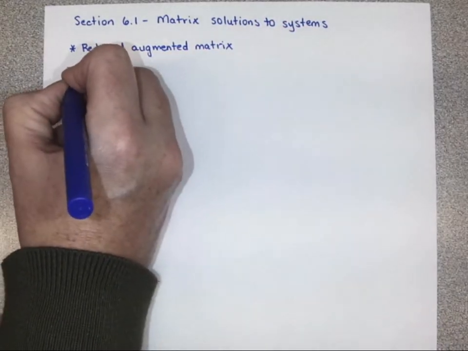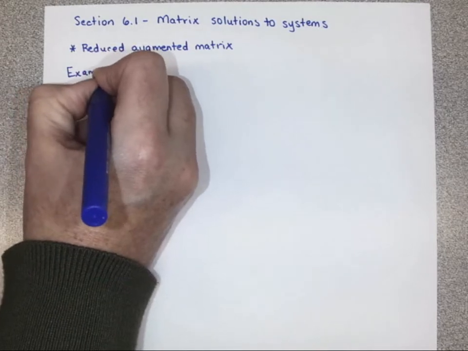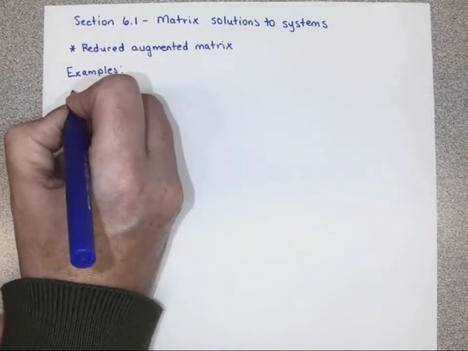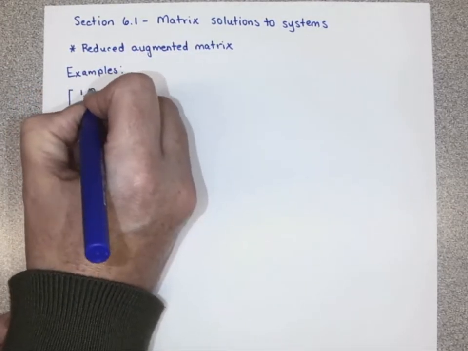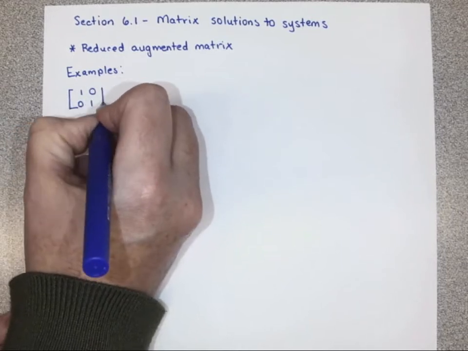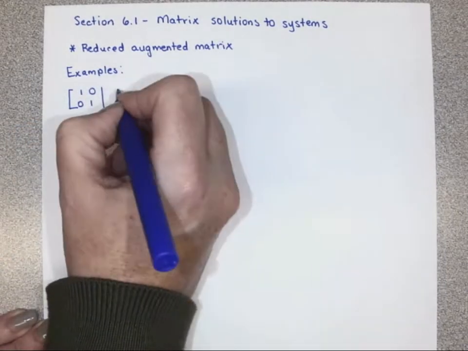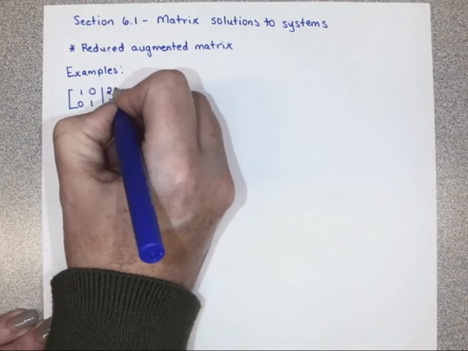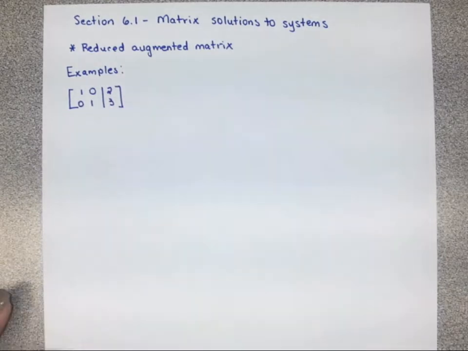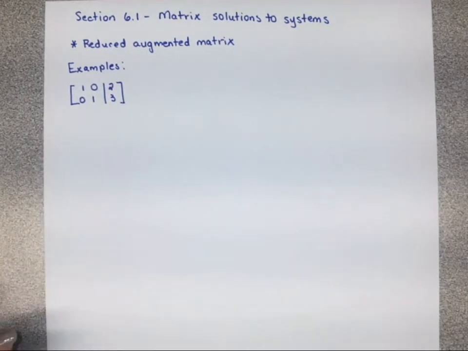So let me give you some examples of some reduced matrices. So let's say on the left it was 1, 0, 0, 1. And then we had 2 and 3 after the solutions bar.